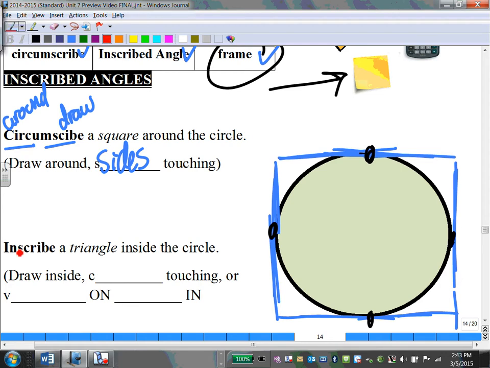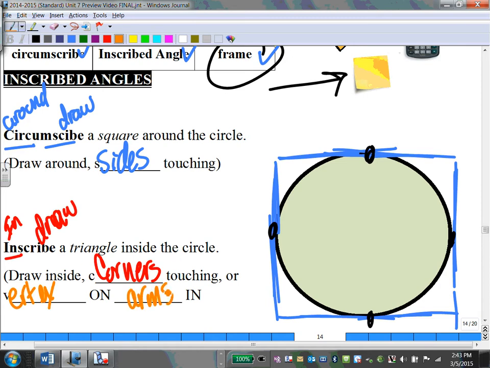Now, inscribe. In means in. Scribe means draw. So we're going to inscribe a triangle inside the circle. And that means to draw inside, corners touching. Or another way to say it is vertex on, arms in.